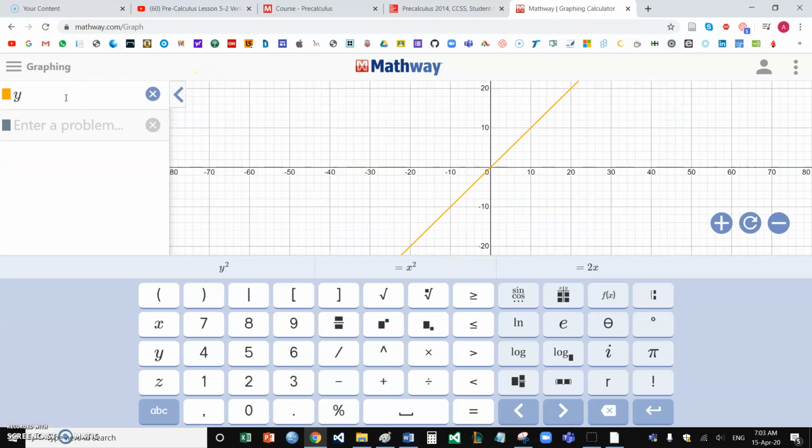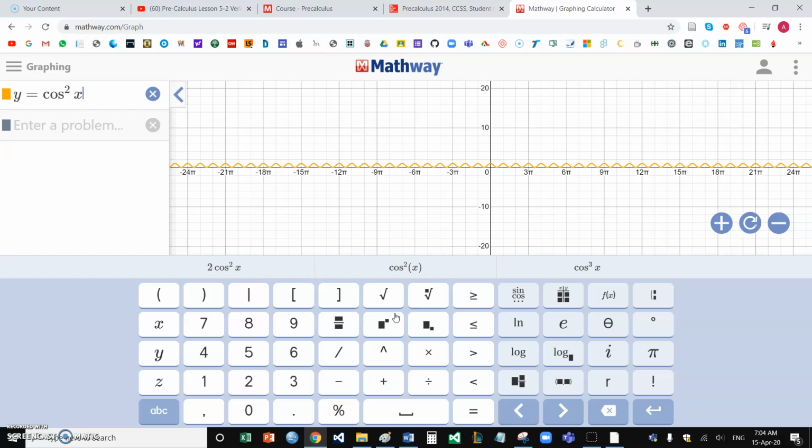So for the first one, y equals cosine square x minus sine square x.